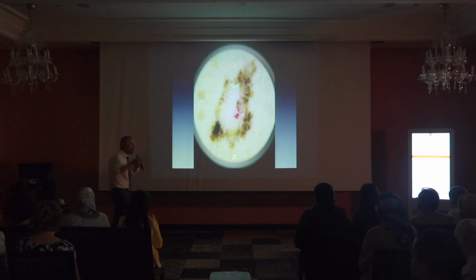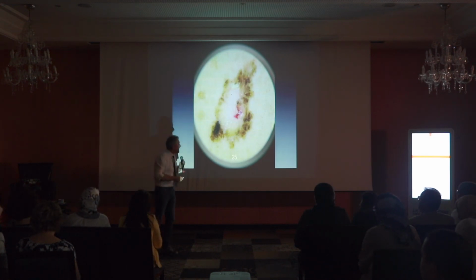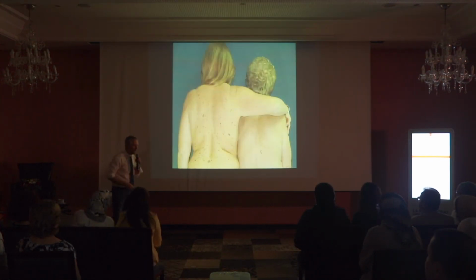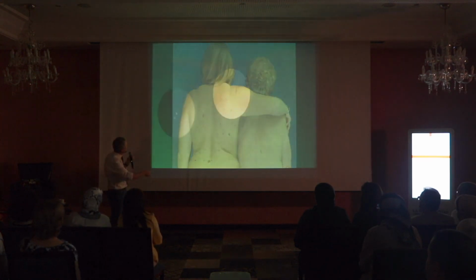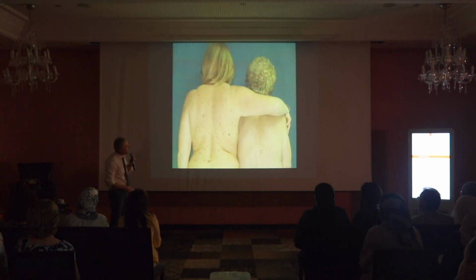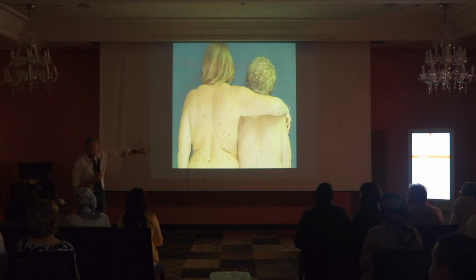Again, these 2 people came together, and in this case they are mother and daughter. She's the daughter with the big lesion here, and she's the mother. Can you imagine?